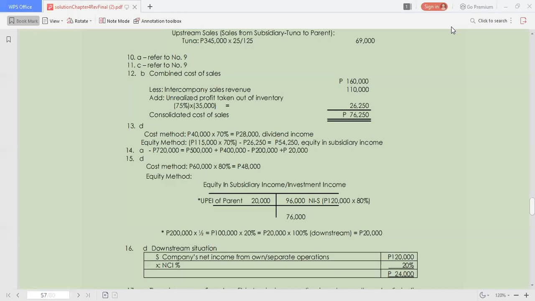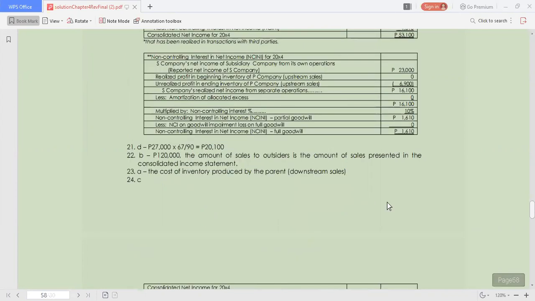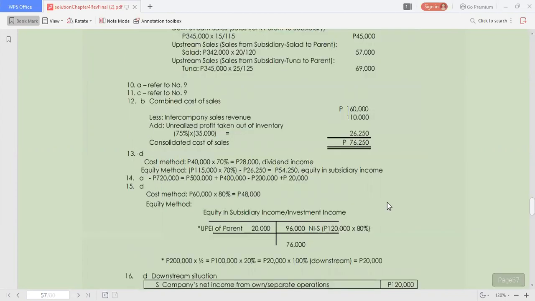The next problems are 18 to 21, but I'm going to share screen the solutions to the other problems that I have not given. So we have numbers 14, 15, 16, and 17, because I have given you number 18 only.